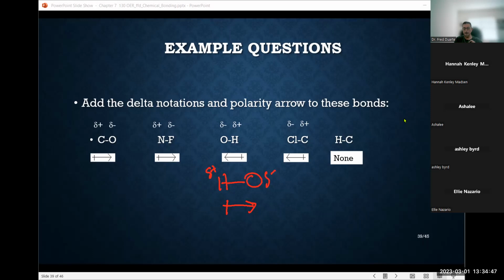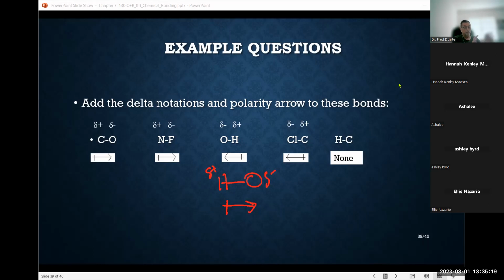That'll be true for any of the diatomic elements, because again, there's equal sharing of the electrons in that bond. Again, that is the only exception of different elements bonded that are non-polar bonds.